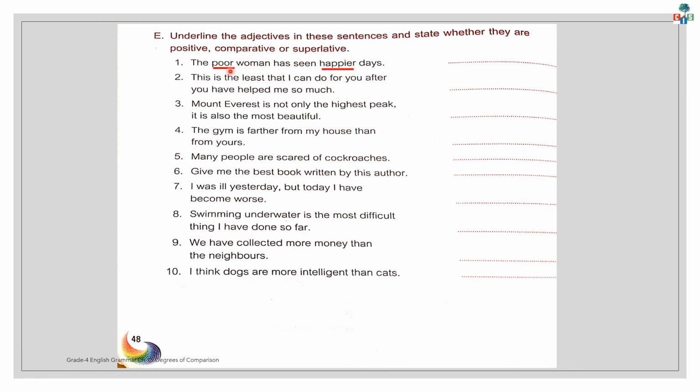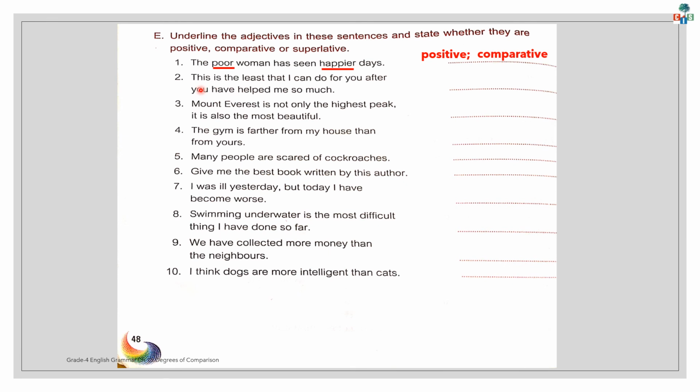The adjective poor shows that it is in positive degree because in the end no ER or EST is there. So it is in positive degree. And the adjective happier shows that it is in comparative degree because at the end of this word IER is there. So it is in comparative degree.